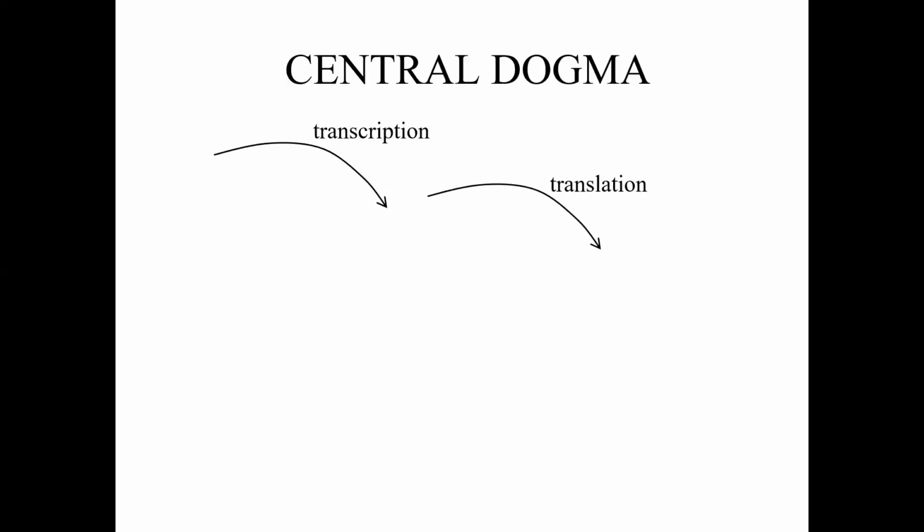So now we talk about the central dogma. The central dogma of molecular biology tends to explain the flow of genetic information that starts from DNA, through RNA, and eventually to produce protein.